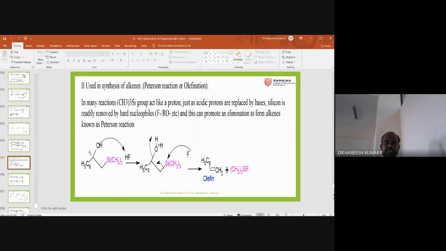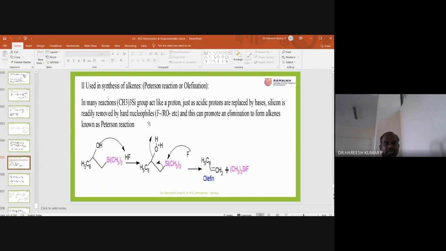So what is happening here? When alkyl silyl compounds have a beta hydroxy, this is alpha, this is beta. So beta hydroxy silyl compounds undergo an elimination reaction in presence of acid, giving rise to an olefin or alkene.